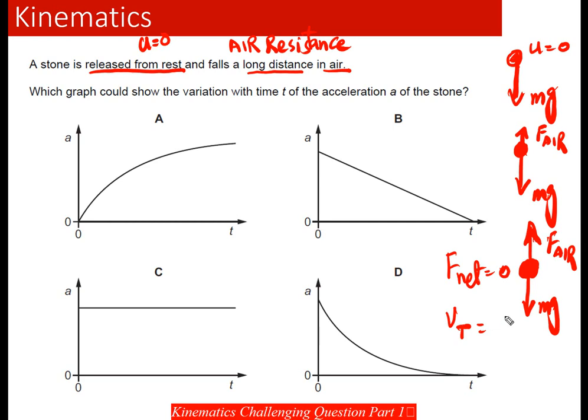Terminal velocity is the final maximum velocity. So Vt is called terminal velocity. We need to be very clear about that.